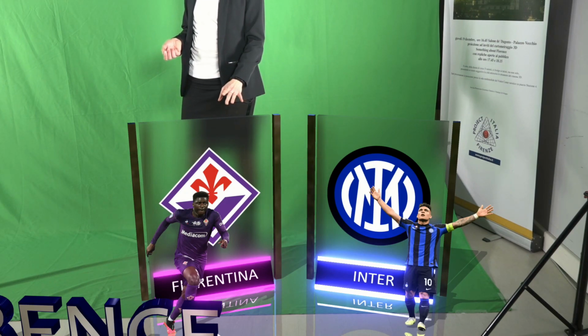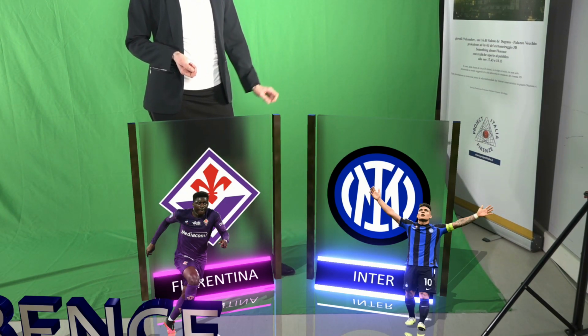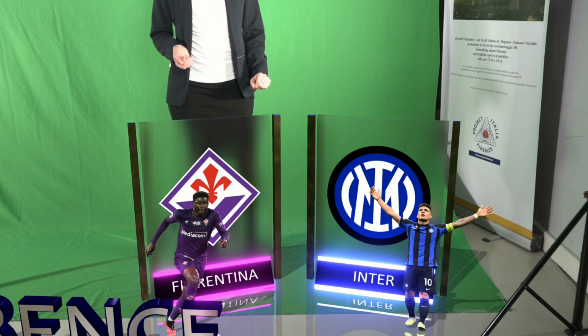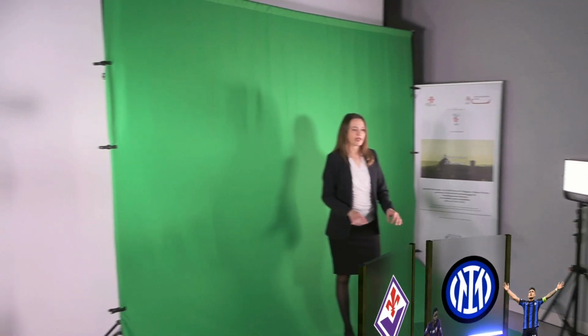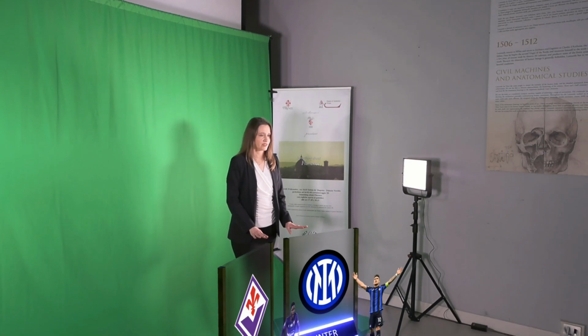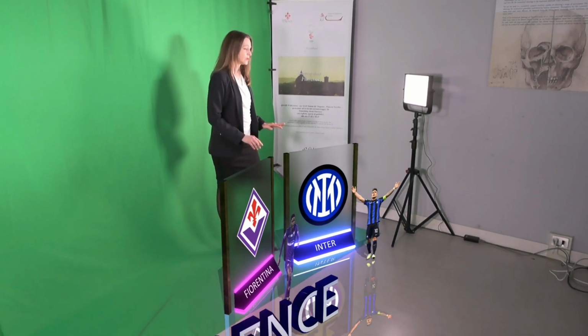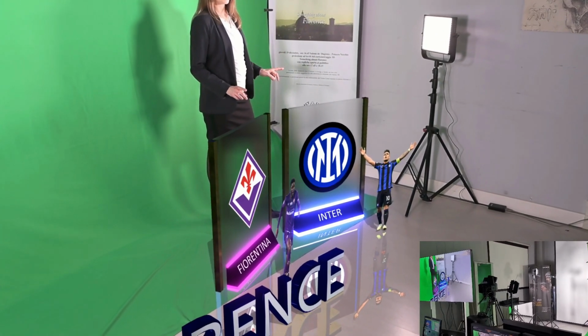Remember that we are PBR, that we can set the IBL, the environmental lighting, we can set reflection, we can set shadows, and we can connect all these data to external data sources, which is absolutely great when we have to show different data. We don't need to pre-render anything.